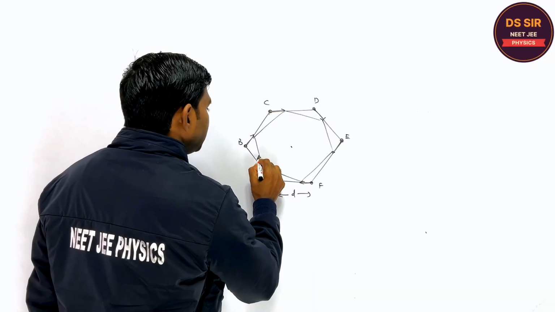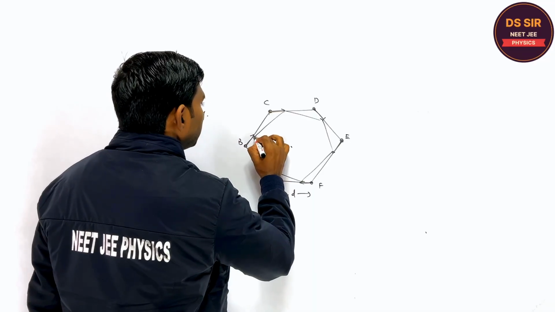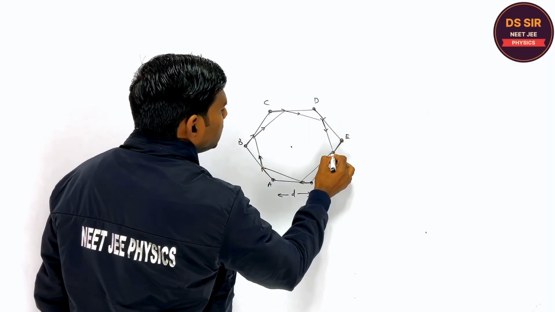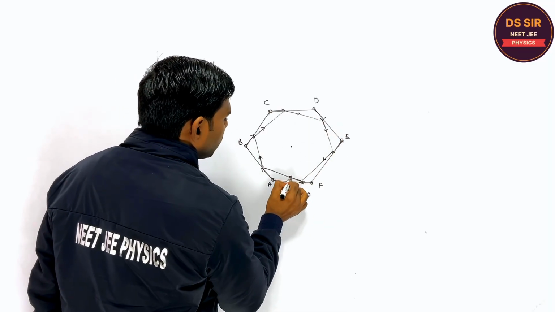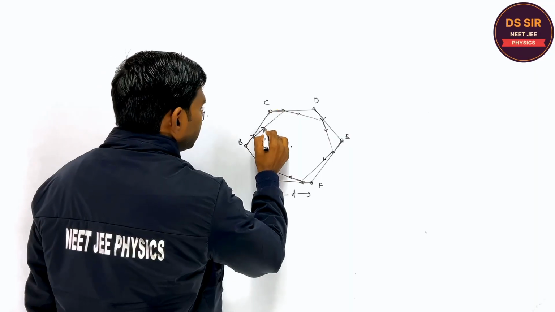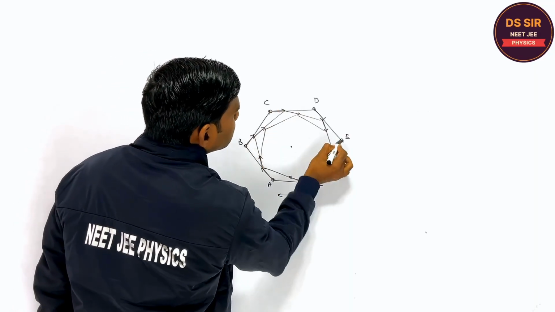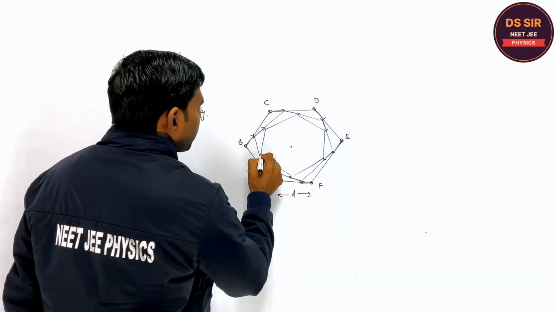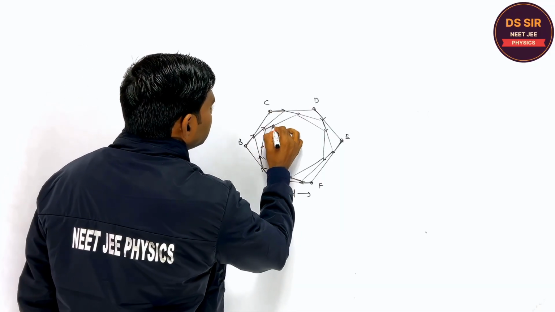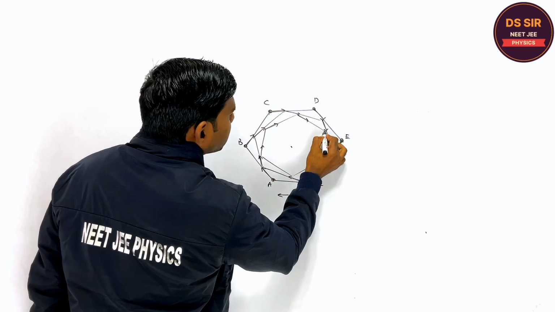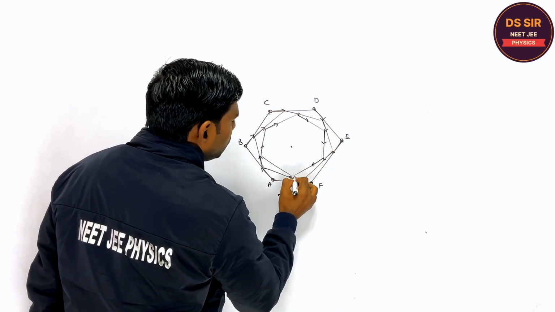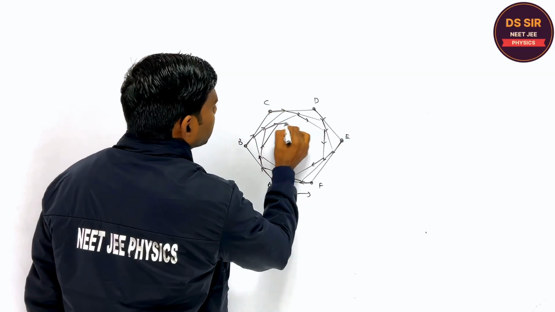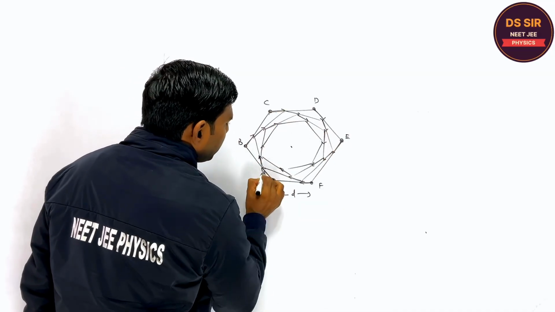Then again, B towards C, C towards D, D towards E, E towards F, F towards A. Again, they are forming the six corners of the hexagon. They are always looking towards the next particle, like this. So what is happening, you tell?